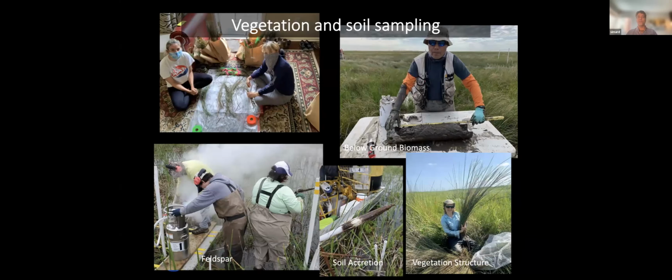During those flights, we were in the field measuring vegetation structure and also looking at soil accumulation. Here, we're actually making popsicles. We're freezing, because these are marshes. If you try to get a core out, it's going to decompose as soon as you take it out.